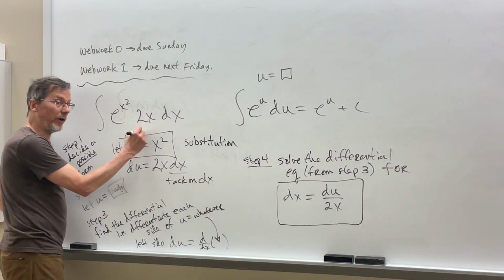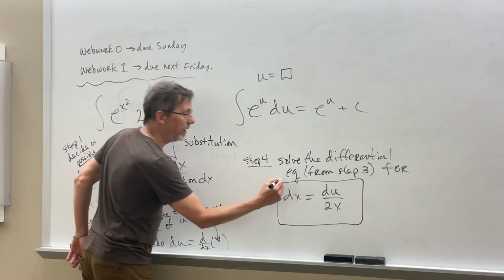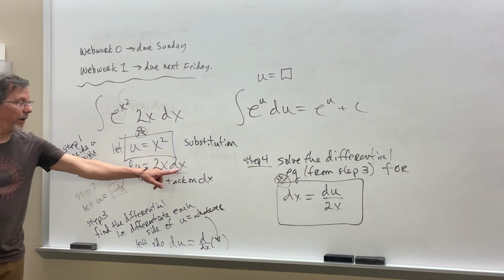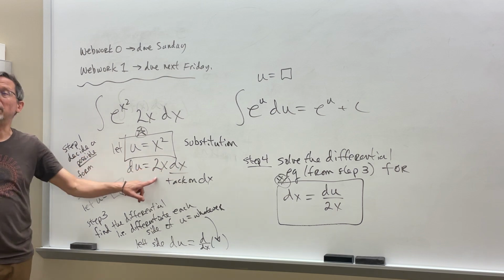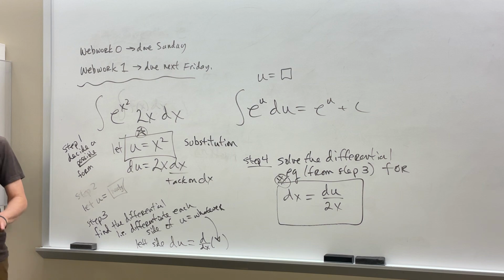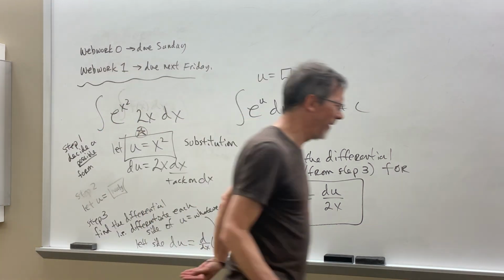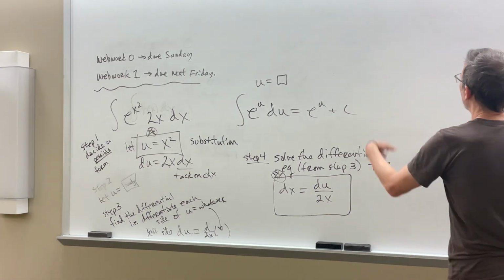So I'm going to call this star. Is that a question? Yes, sir. Why is it du over 2x? Because I'm solving for dx, so I divided by 2x on each side. Oh, I see. Does that make sense? Yeah, cool. Good, good. I was wondering, I saw your eye. I thought like the brows furrowing and stuff.